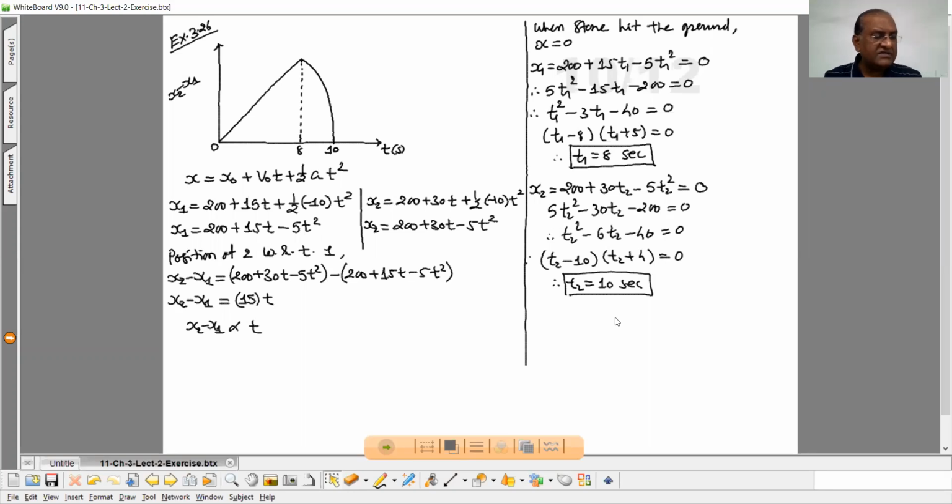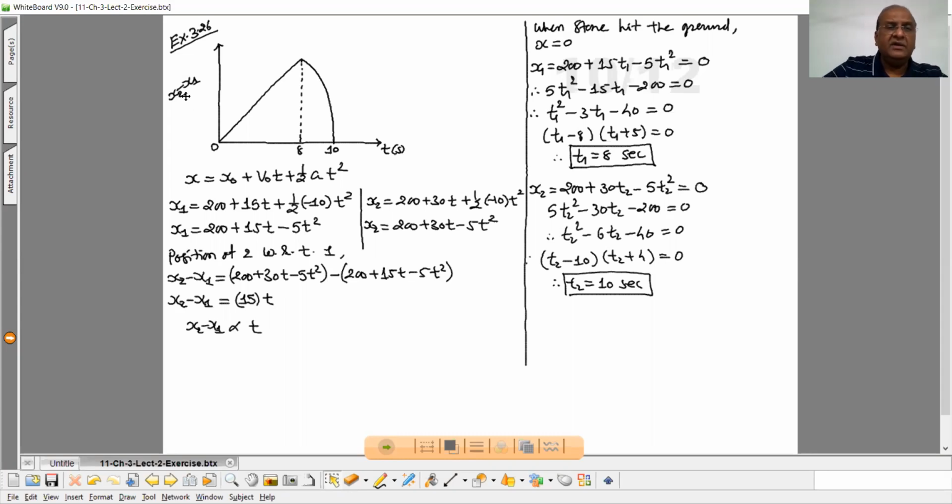Neglect air resistance and assume that the stones do not rebound after hitting the ground. Take g equal to 10 meter per second square. Give the equations for the linear and curved path of the plot.